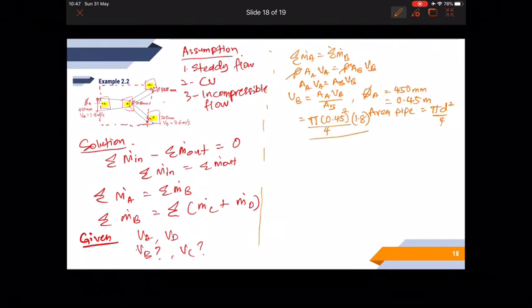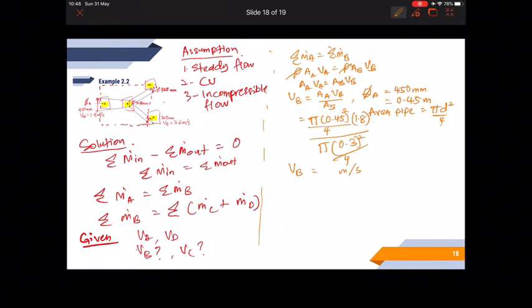Do we know AB? Yes, we know AB as well. Pi times 0.300 squared over 4. Then you can tell VB equal to some value in meter per second. Simple, right? So straightforward question.